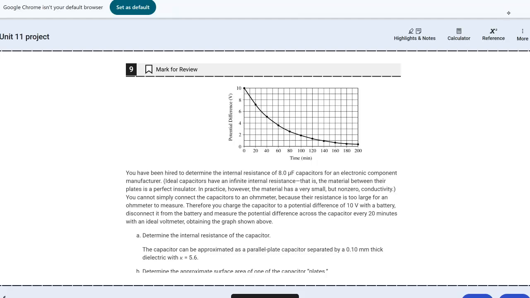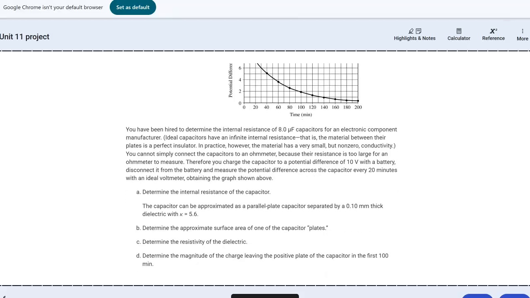So 3.7 would be here, and that'd be at 60.